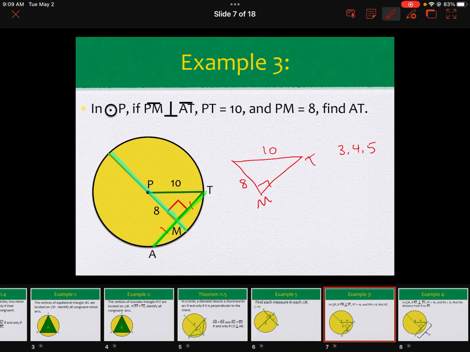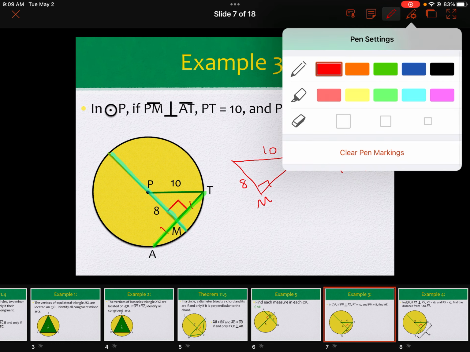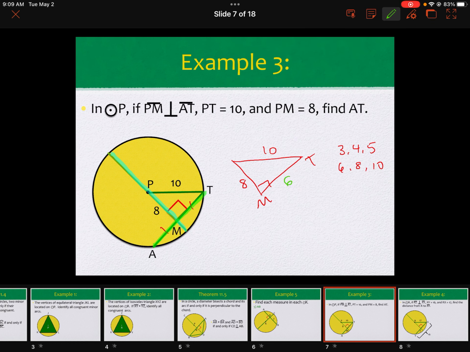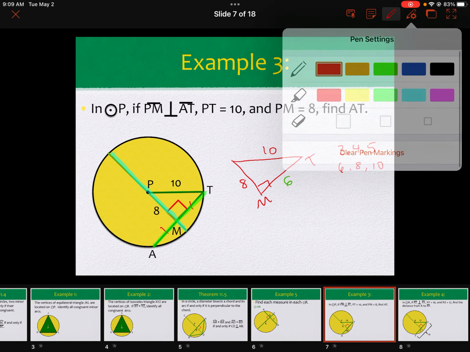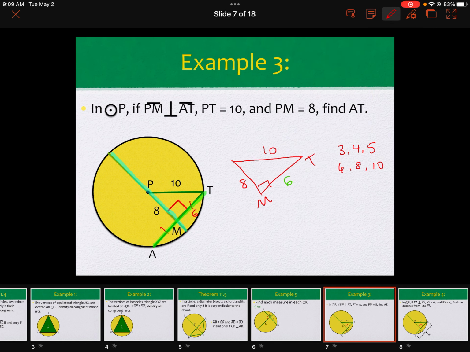Remember 3, 4, 5? If you multiply them by 2, you get 6, 8, 10. So the length of that missing side there is 6. So T to M is 6. How far would it be from A to M? It would also be 6. So distance from A to T is 12.